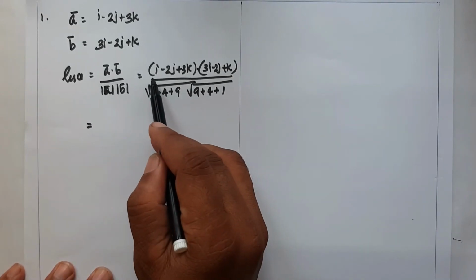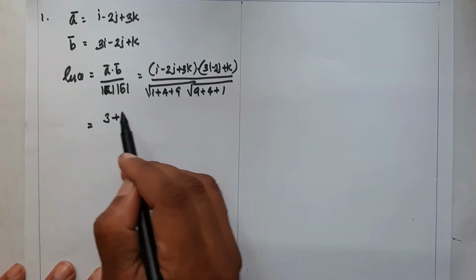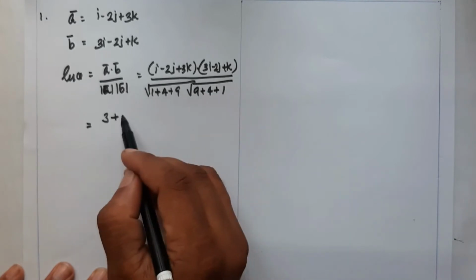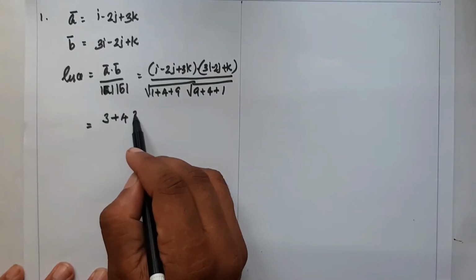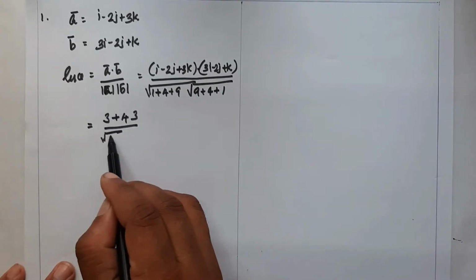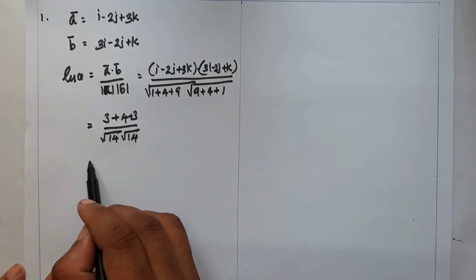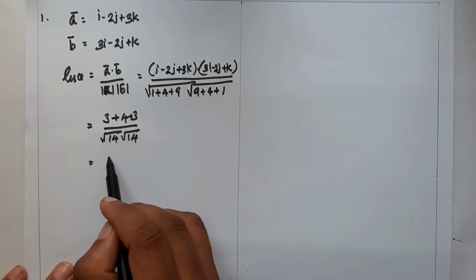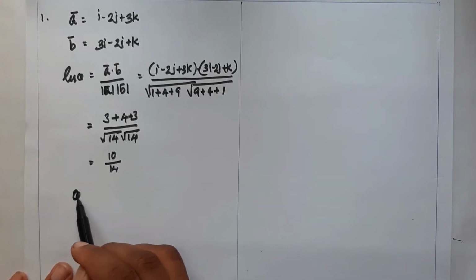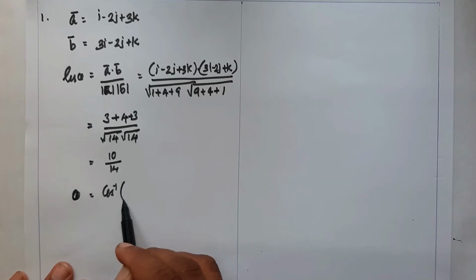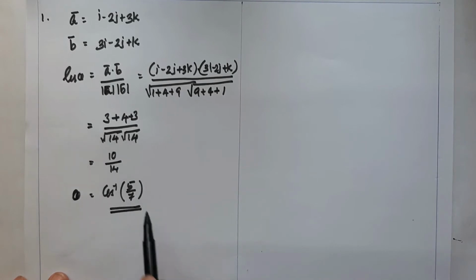The dot product becomes the i coefficient product, 1 into 3, plus the j coefficient product, minus 2 into minus 2, that is plus 4, then the k coefficient product, 3 into 1, 3, divided by root 14 into root 14. That is 3 plus 4 is 7, plus 3 is 10, divided by 14, and therefore theta is cos inverse of 5 by 7 after cancelling 2.